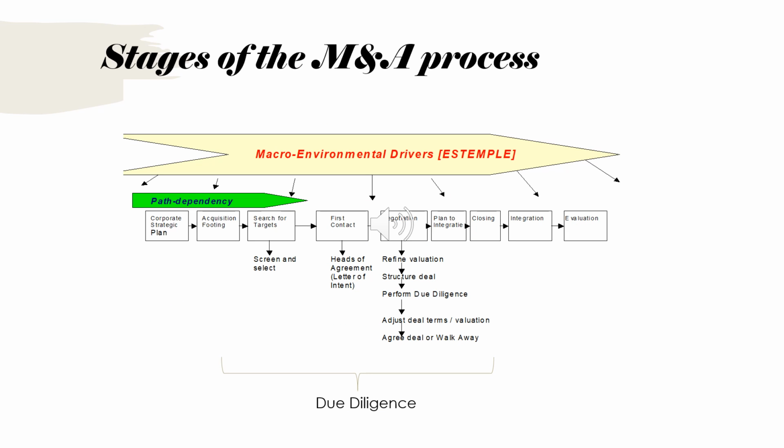So now let's move on to a more elaborate version of the M&A process, the stage model. So I'll go again from the left to the right. So we have our corporate strategic plan, which will be around about growth, and we'll be thinking that maybe acquisitions are the right way to go. The next step is to make sure that the company is prepared to make an acquisition.